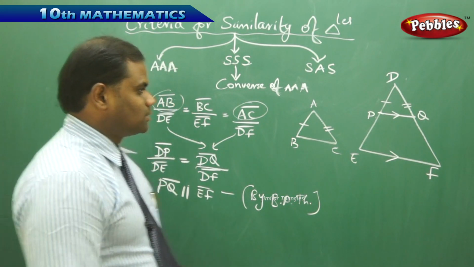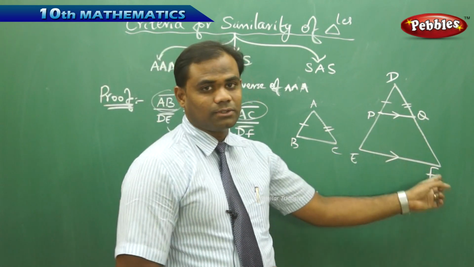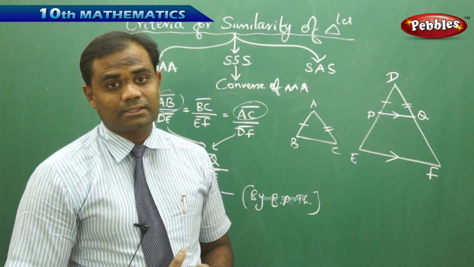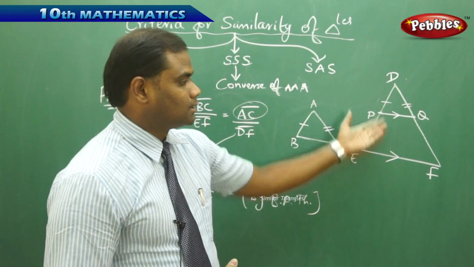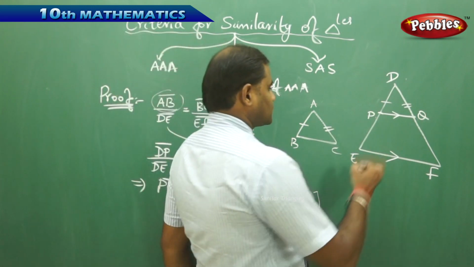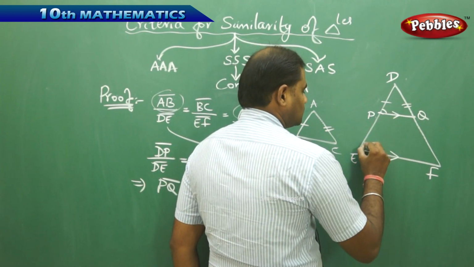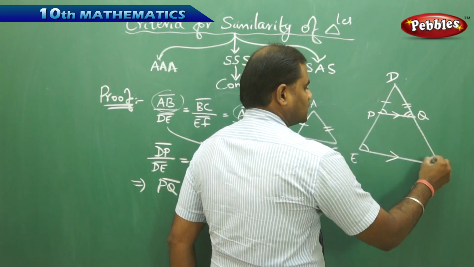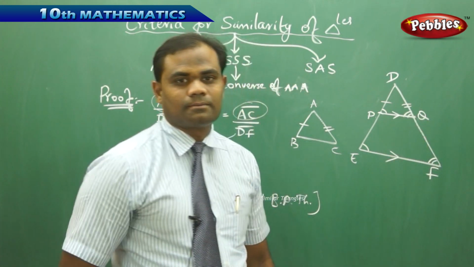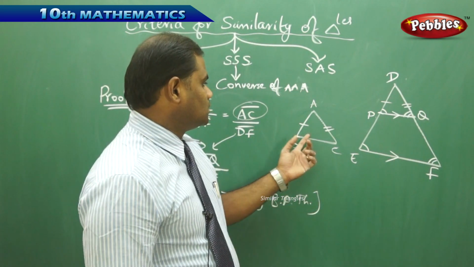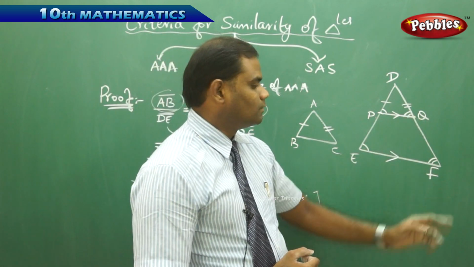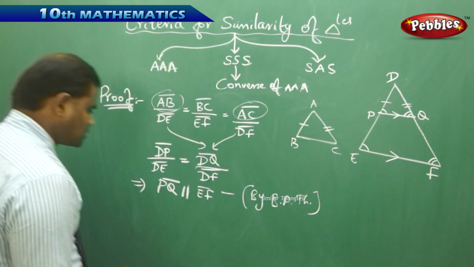Now once I prove that the line PQ is parallel to EF, then immediately it follows that the corresponding angles are equal in the parallel lines. Therefore, this will be equal to this, and this equal to this. Therefore, angle P will be equal to angle E, and angle Q will be equal to angle F from corresponding angles.